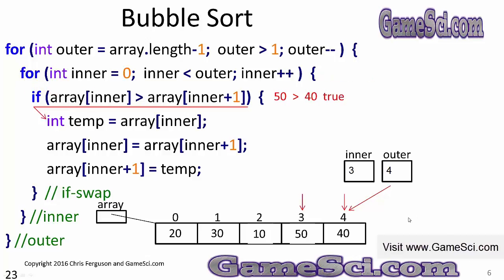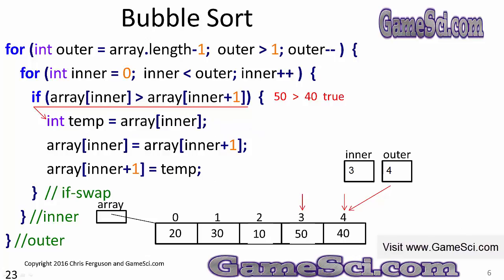Array sub inner contains a 50. Is that greater than array sub inner plus 1? All we're doing is comparing adjacent numbers, and if they're out of order, we want this to be true. And that's the case. 50 and 40 are out of order, so the statement is true. We're going inside the if statement to do our swap. And these 3 statements represent our swap. 50 and 40 are out of order.